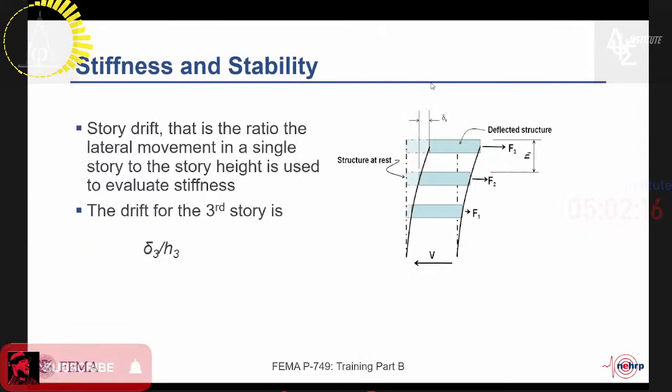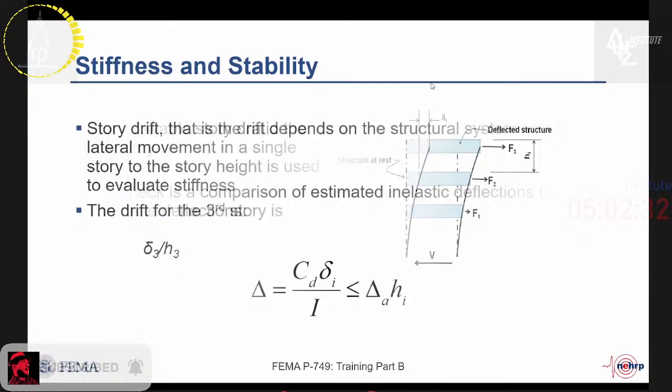Story drift used to check these things in ASCE 7 is determined at a story drift level, which is computed as taking the maximum displacements at each of 2 adjacent stories and dividing the difference between those displacements by the height of the story, as illustrated in this cartoon here.